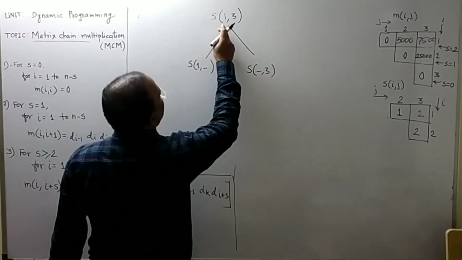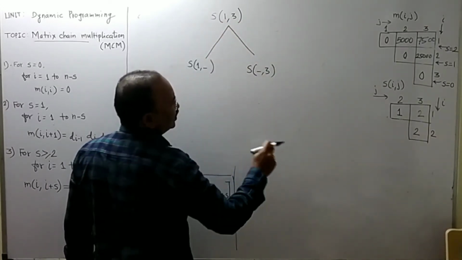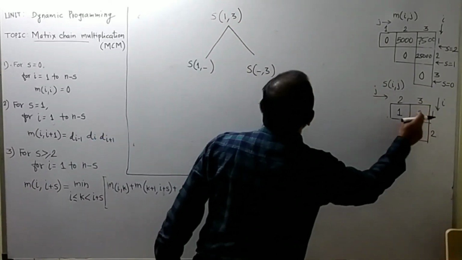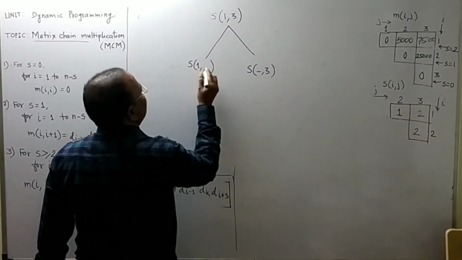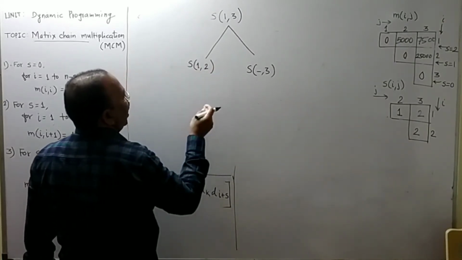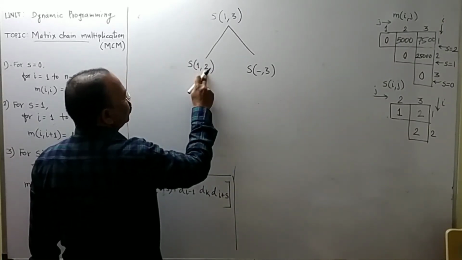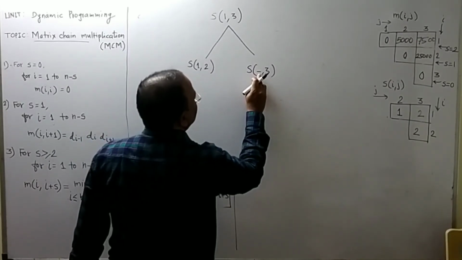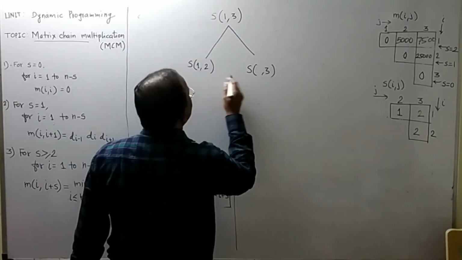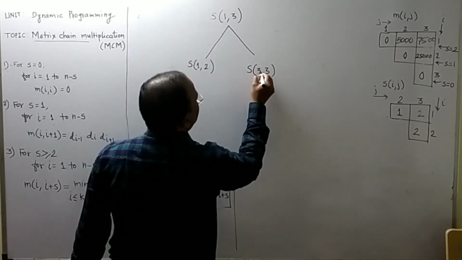Find out which value is at 1 3 in the S table. At 1 3 it is 2, so I write 2 here. Add 1 to this 2 to get the value of the right child. 2 plus 1 means 3.